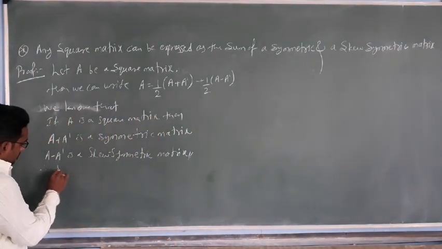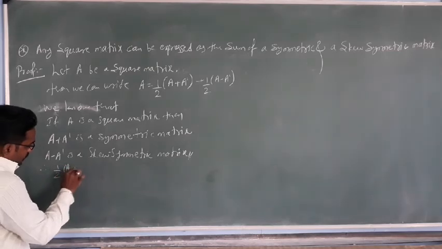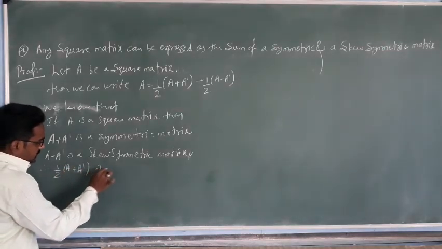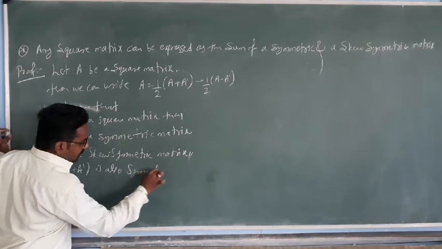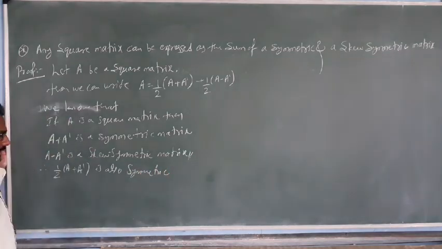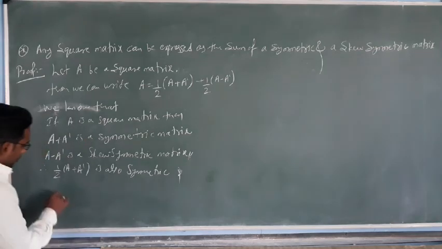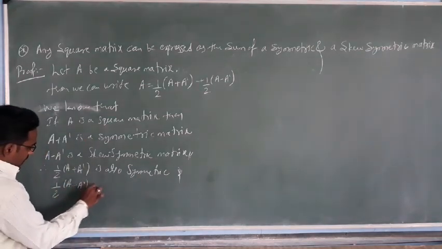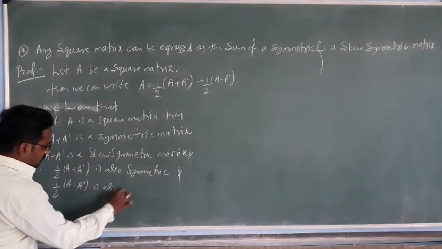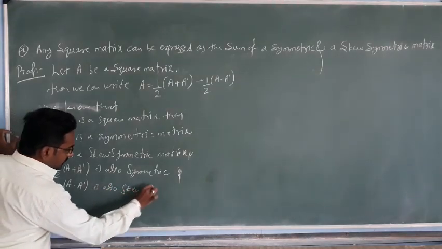Therefore 1 by 2 into (A plus A dash) is also symmetric, and 1 by 2 into (A minus A dash) is also skew symmetric.